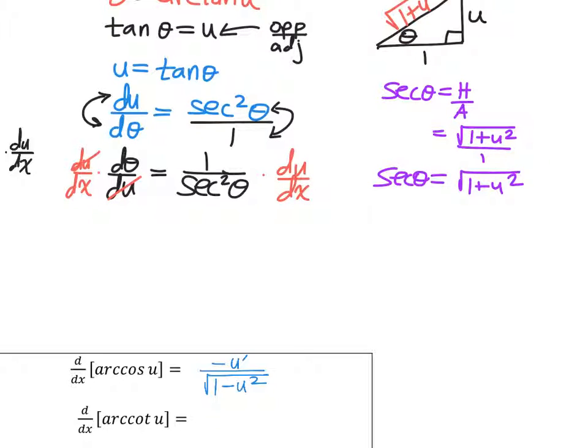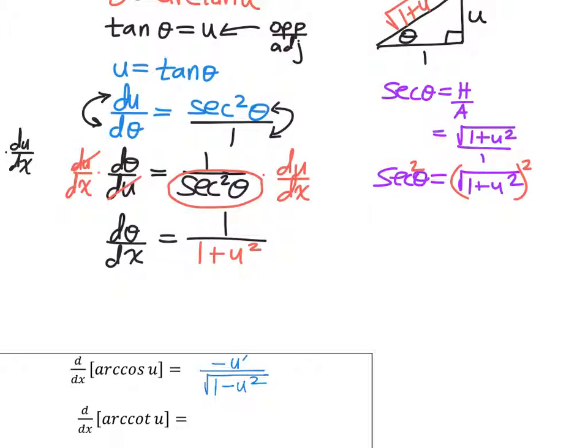I want secant squared. So I want that entire thing raised to the second power. So if I square both sides, so square the secant, square the radical. The radical is going to go away, right? You're just left with the 1 plus u squared. So we get our rule, which is that d theta dx is equal to 1 over, not the radical 1 plus u squared, just a 1 plus u squared times du dx.